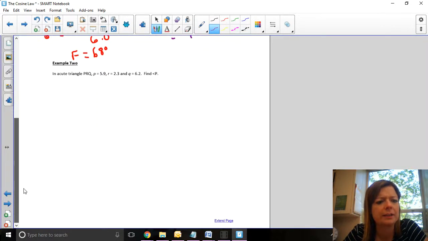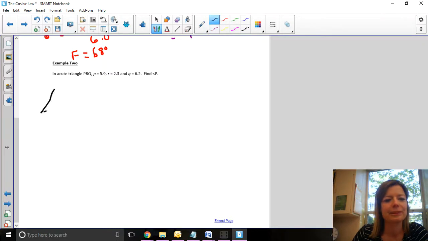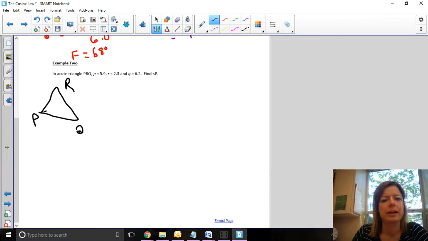All right. So here we have an acute triangle. So now they're not asking us to solve the whole thing, thank goodness, just for one side. So again, you just draw a basic triangle, label it P, R, Q. Okay, and then you just need to make sure you're labeling the appropriate side.